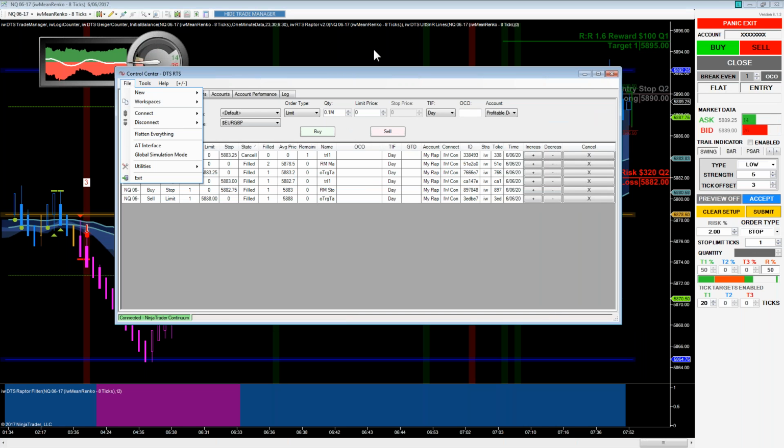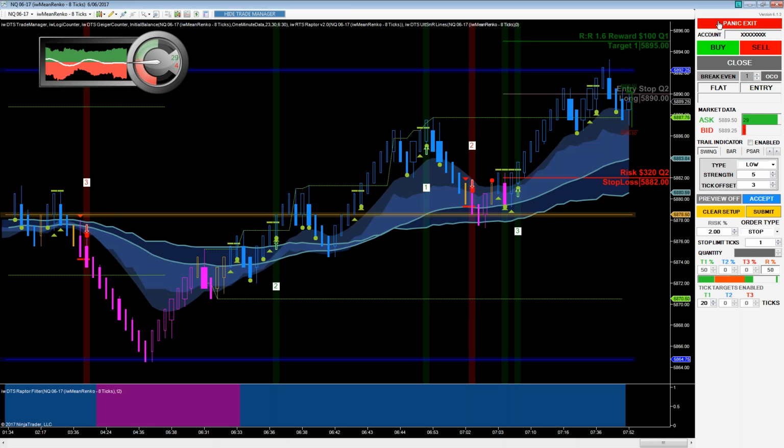It's not a bad idea, before you finish your trading on the day, to either go to your flatten everything tab or hit your panic exit button, just to make sure you're totally flat on the day.